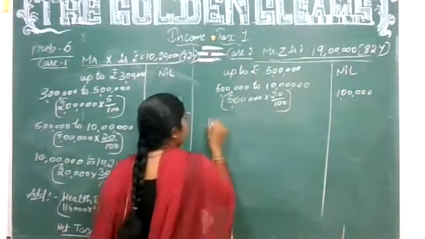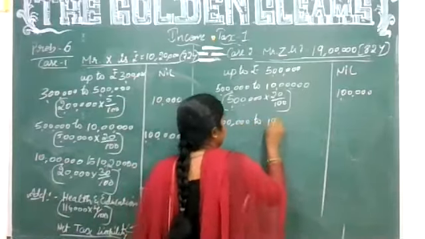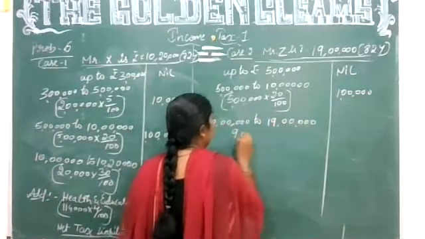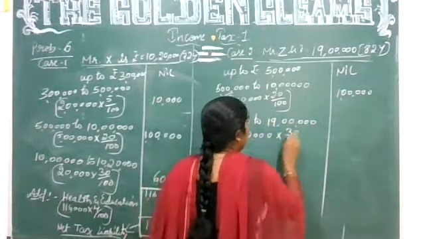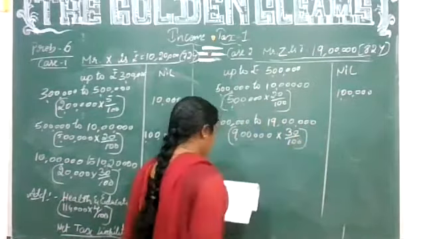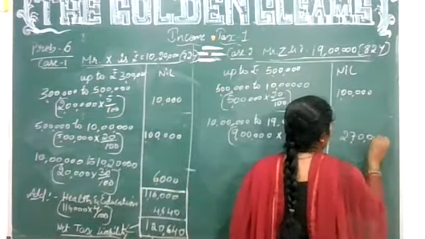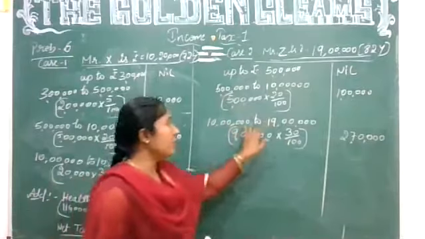The next one is 10 lakh to 19 lakh. The 9 lakh into 30 divided by 100 is 2,70,000.